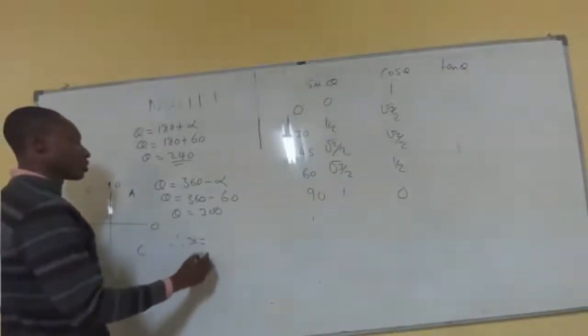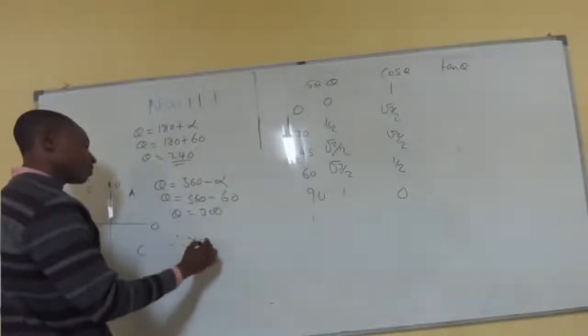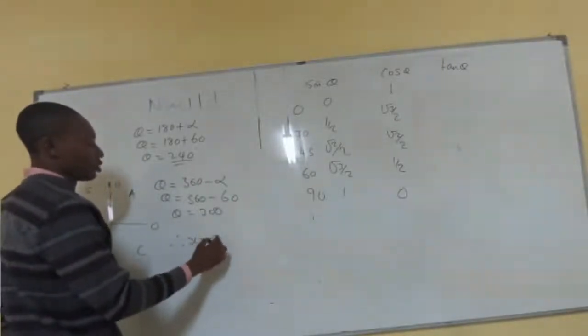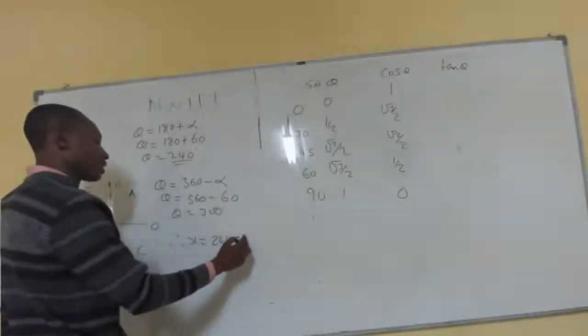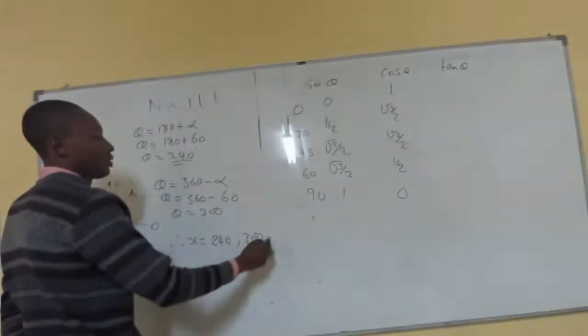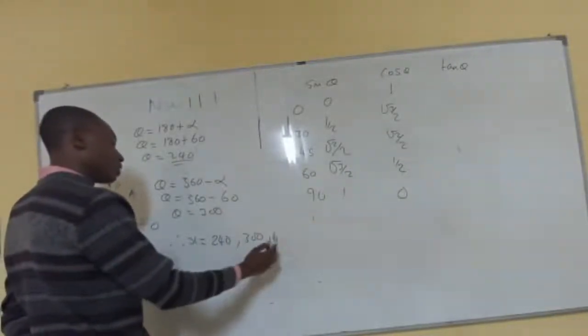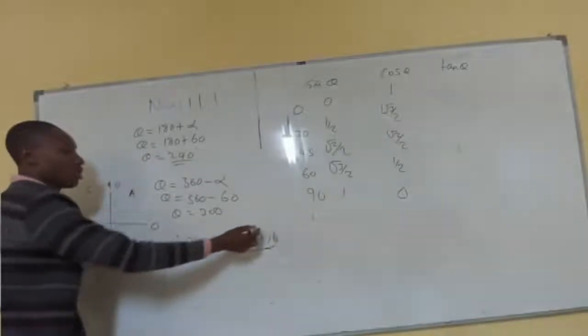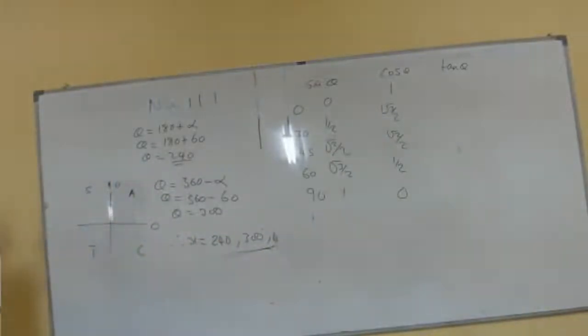Therefore, x is 240 and x is 300. These are the values that you are looking for, 240 degrees and 300 degrees.